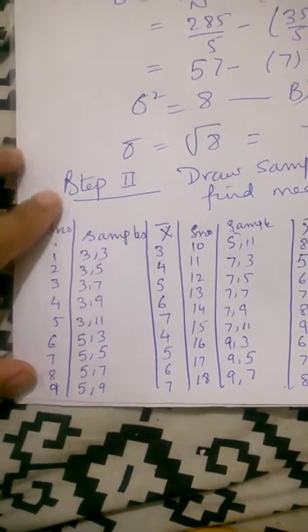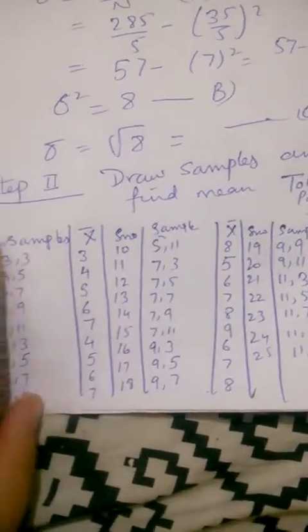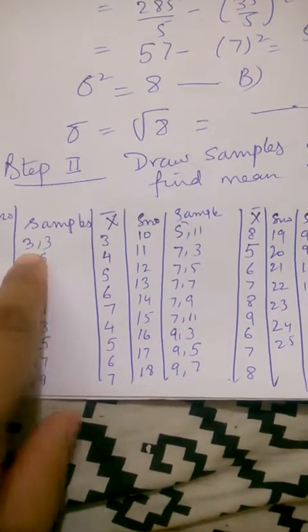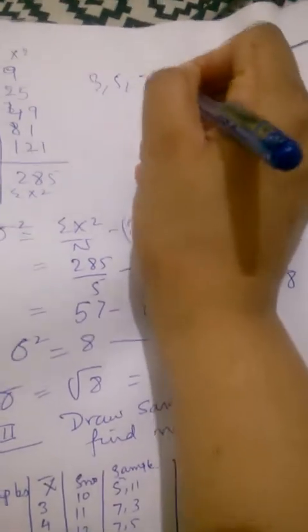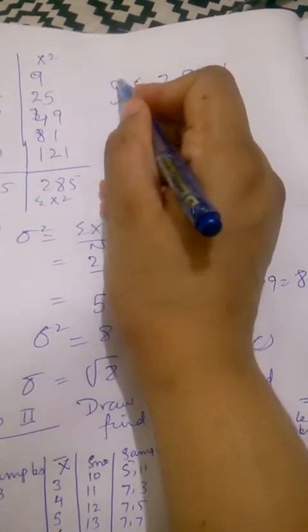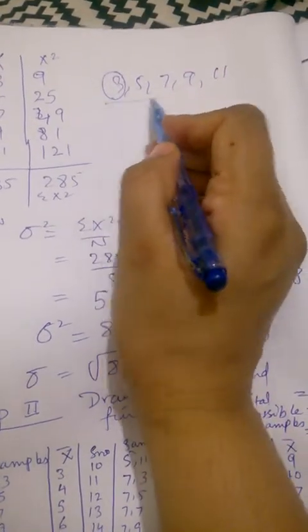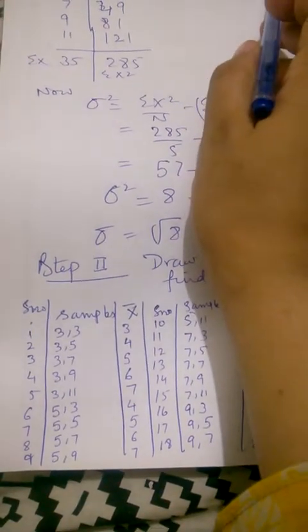Now, I have given the serial number from 1 to 25, and then I have started making the samples. As the population was 3, 5, 7, 9 and 11, to make samples with replacement, I have to select the first unit and pair it with all. 3 can come with 3, then 3 with 5, then 3 with 7, 3 with 9 and 3 with 11.